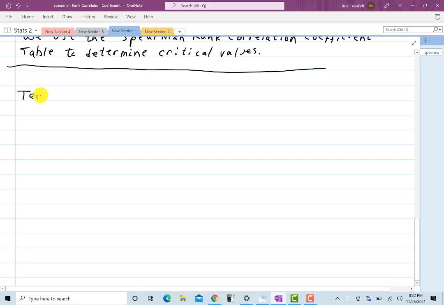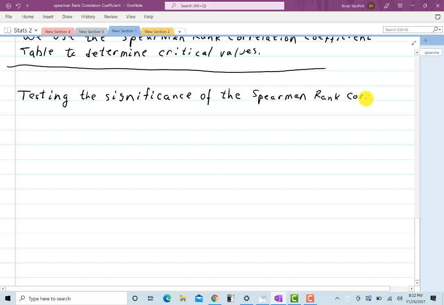For these tests, testing the significance of the Spearman rank correlation coefficient, as usual, most of the stuff is you're going to be doing the exact steps as we did for every other problem with a few differences here and there.